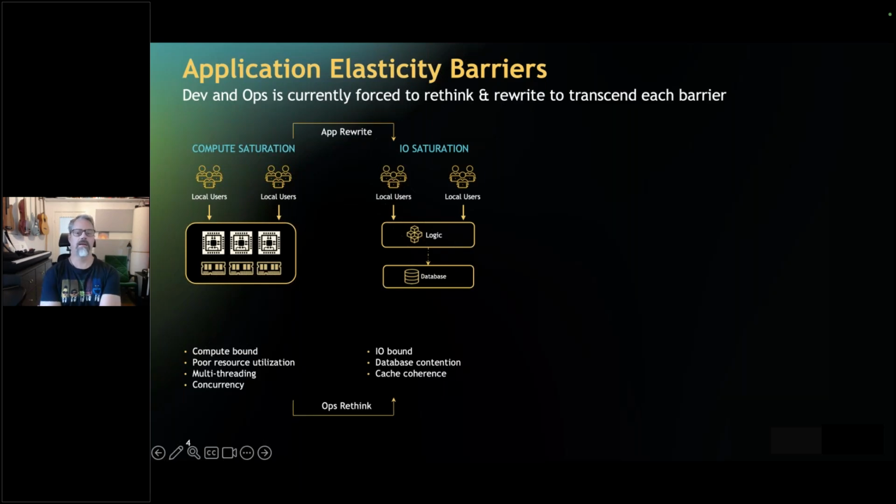The second thing to watch out for is I/O saturation, and that often translates, of course, to database saturation, but it doesn't necessarily have to be only that. Database and I/O saturation is often caused by using blocking I/O, synchronous RPC, synchronous messaging, and so on.